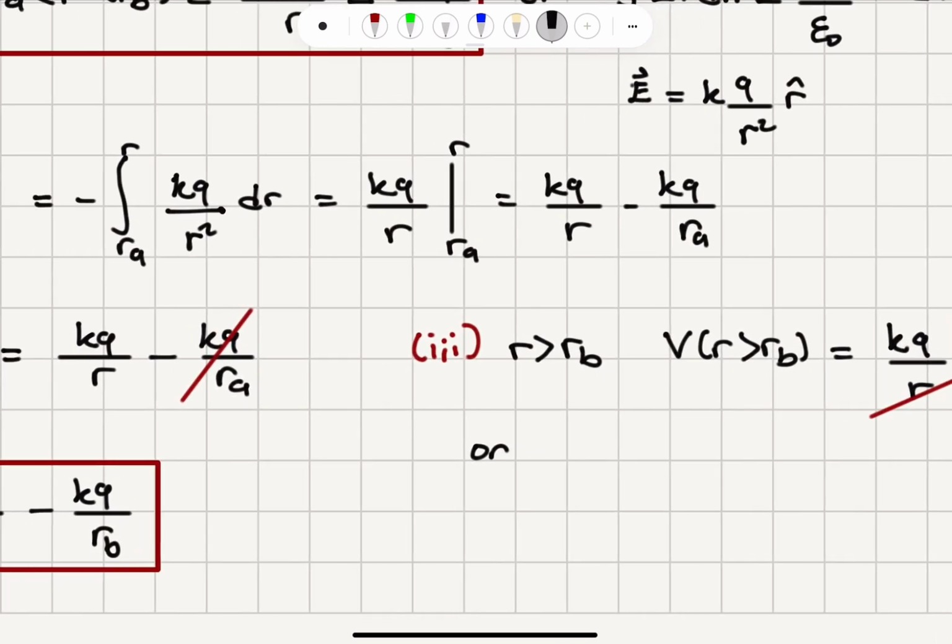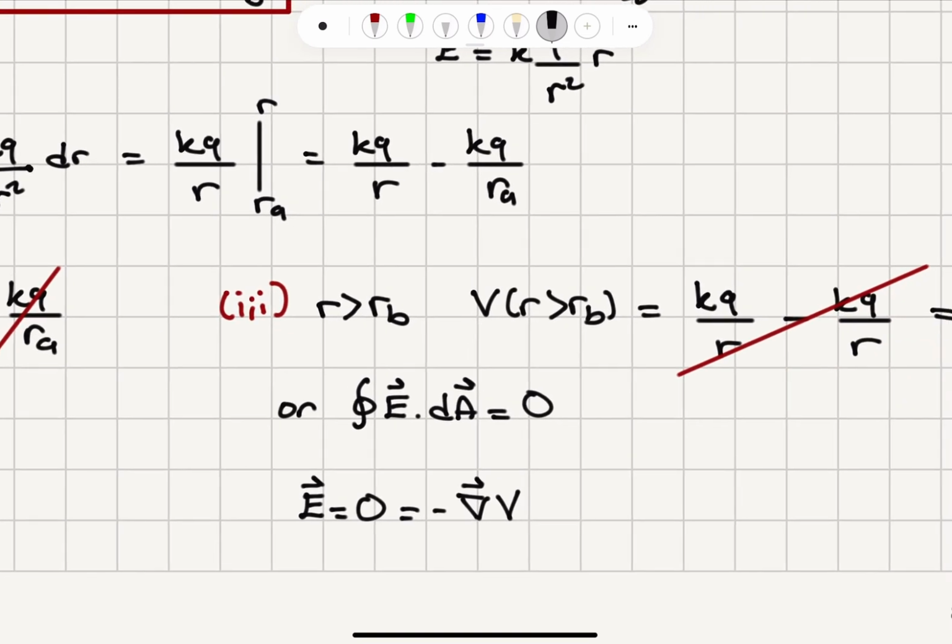If I write Gauss law here, closed surface integral E dot dA is equal to 0 because charge enclosed is 0. So that means the electric field is 0, which is minus gradient of the potential.